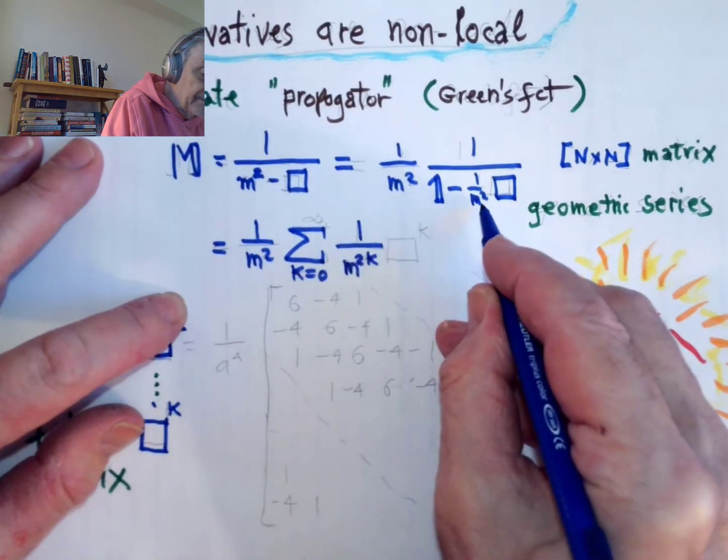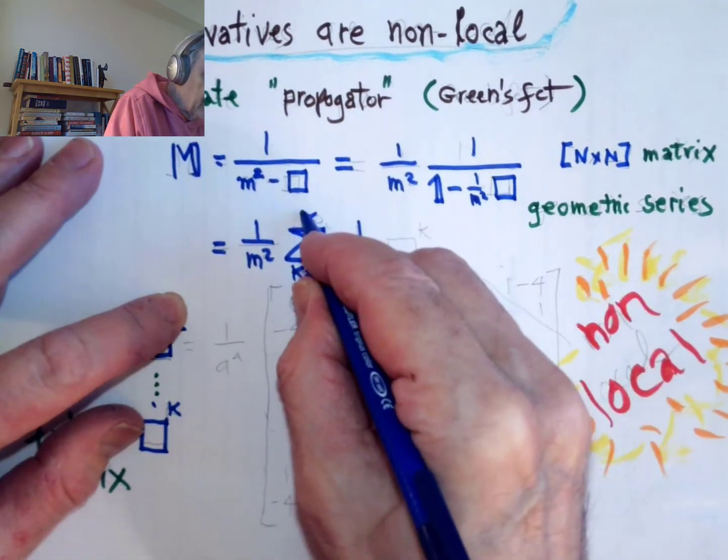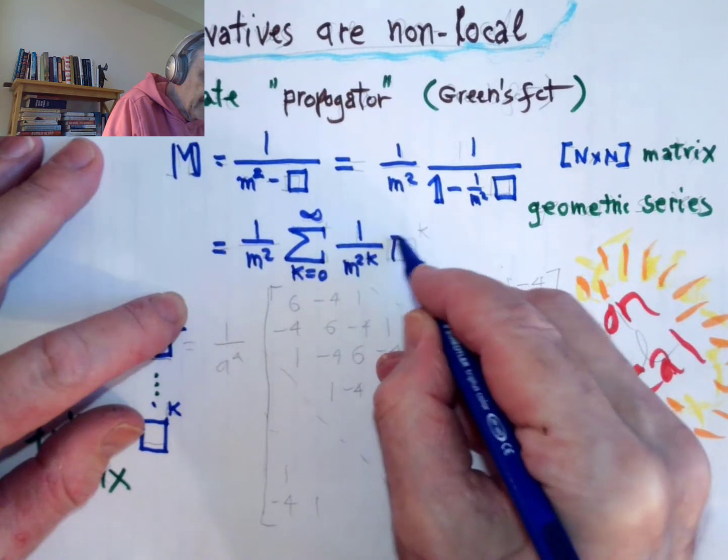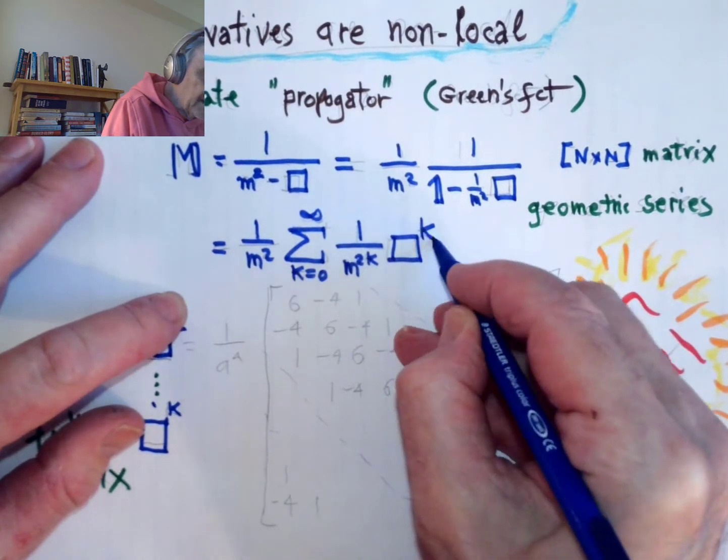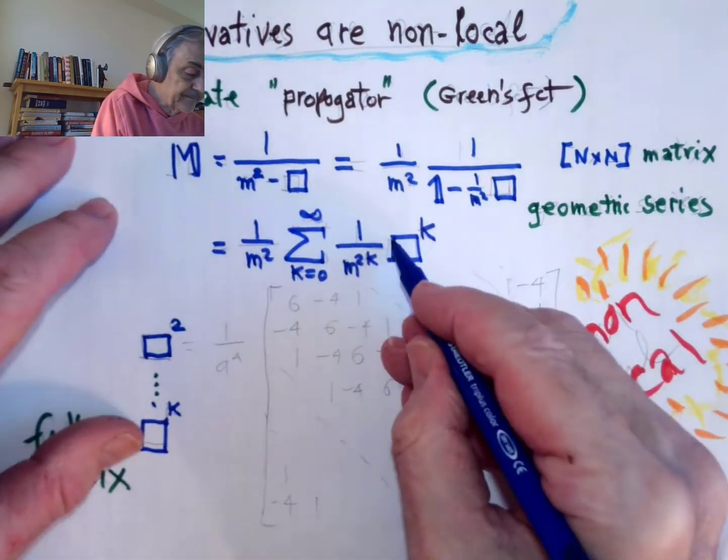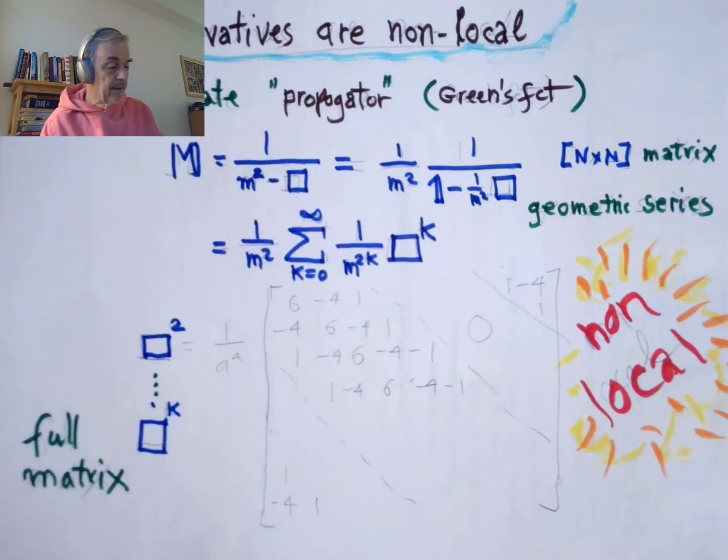I'll pick up m squared to the kth power, and then the Laplacian to the k. So as you know, we can evaluate this propagator matrix by looking at the powers.